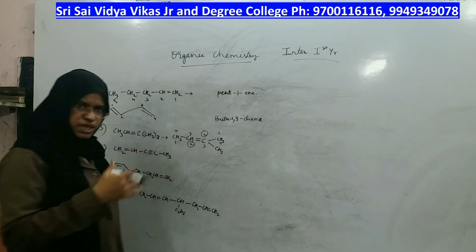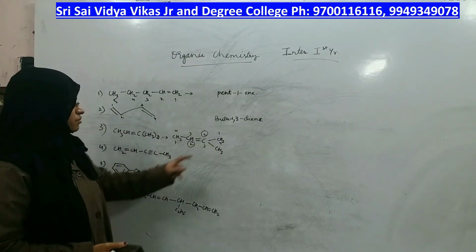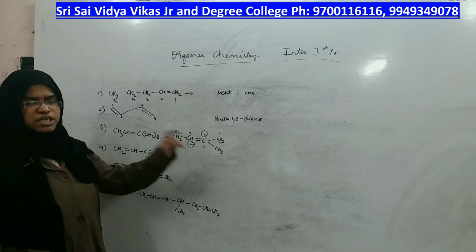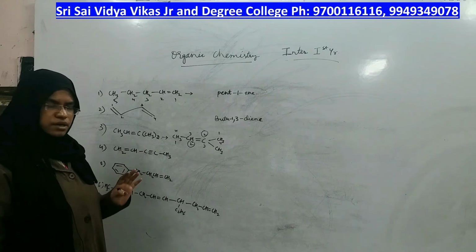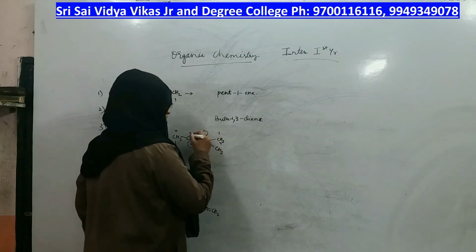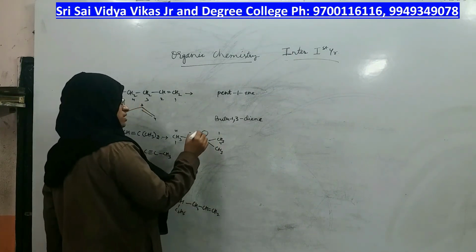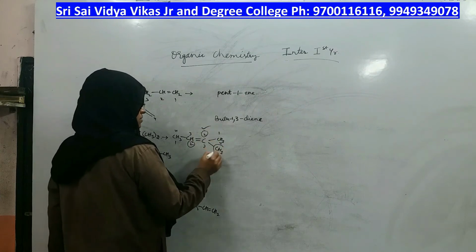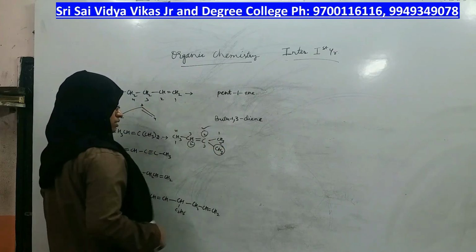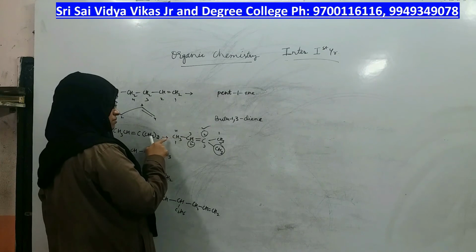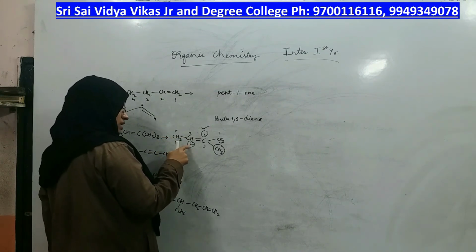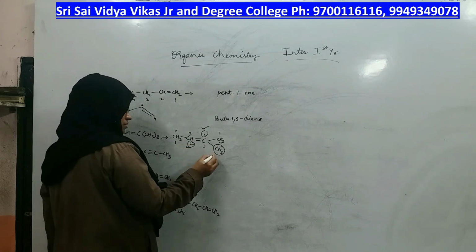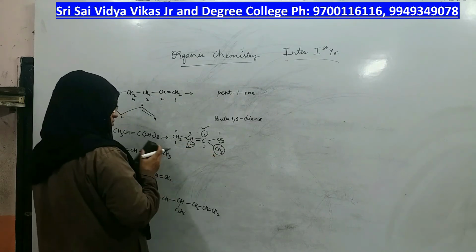Both seem to be correct, but still the methyl group is the substituent, and even the substituent should get the least possible number. So if I start from this side, the double bonded carbon gets the least possible number and the substituent bearing carbon also gets the least possible number. But if I start from left to right, the double bonded carbon gets the least possible number, but the substituent does not.